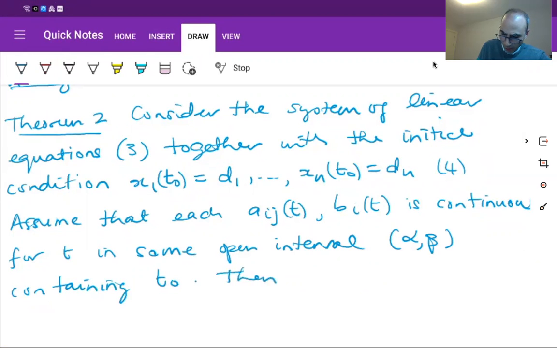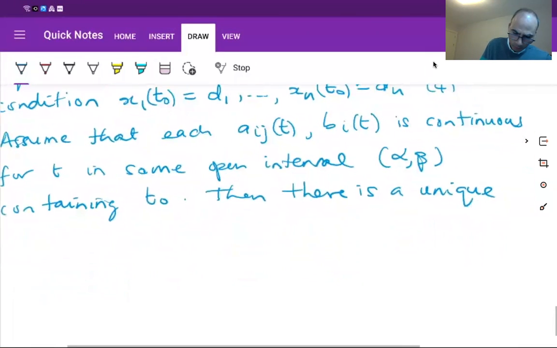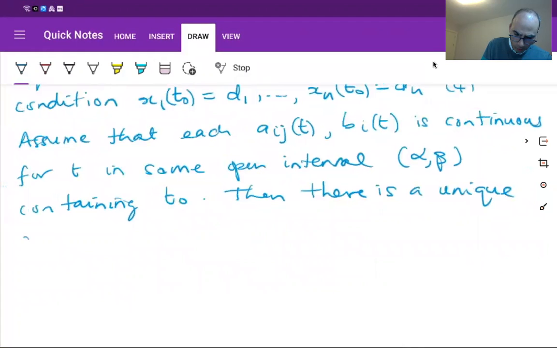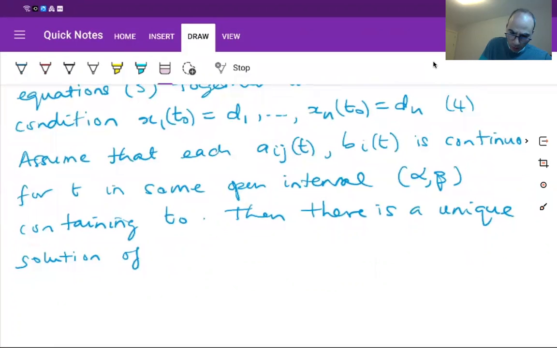Then there is a unique solution of the initial value problem consisting of the system of linear equations 3 and 4, and this is defined on the whole of the interval (alpha, beta).